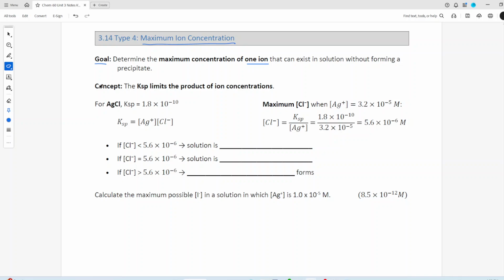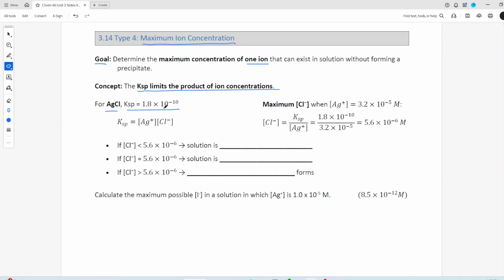So remember, the concept here is that KSP limits your product of ion concentrations. An example of a question could be, for silver chloride that has a KSP of 1.8 times 10 to the negative 10, that means the product of silver times chloride can only be up to 1.8 times 10 to the negative 10 before a precipitate will form.